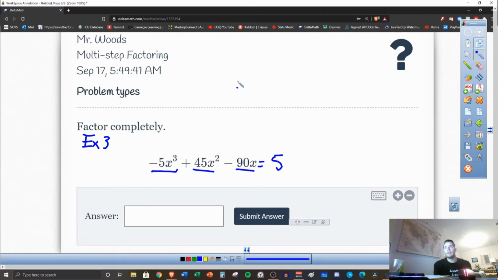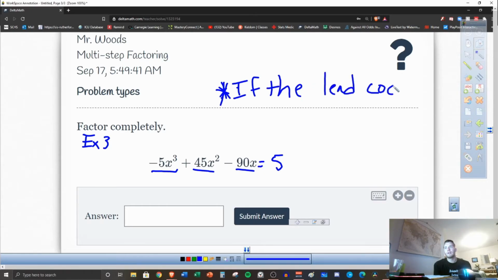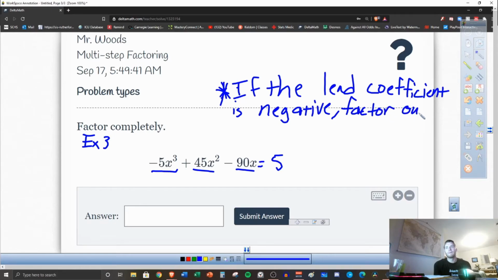So write this down in your notes, and put a star: if the lead coefficient is negative, factor out a negative. So we're going to put a negative on this 5. So the -5 there.